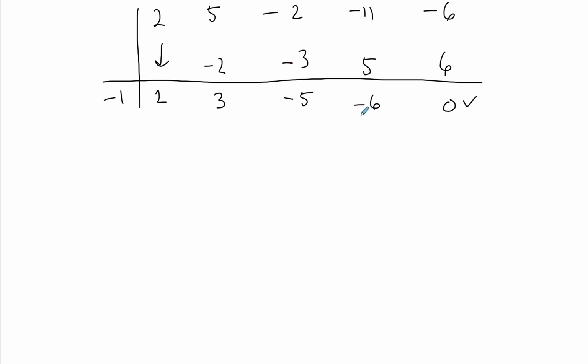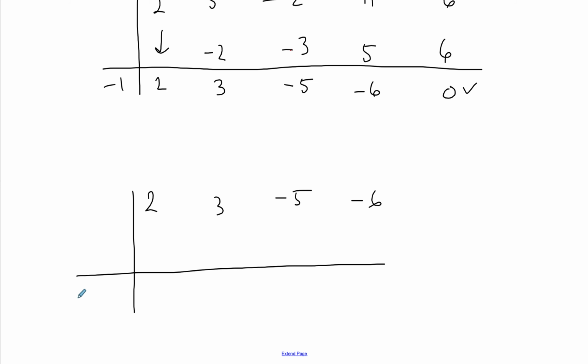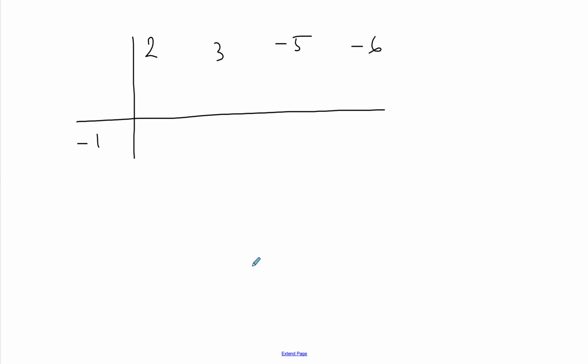And for the third time, we're going to take the last expression. We have 2, 3, -5, -6, and -1, and we get a 0, which is what we're meant to get again.